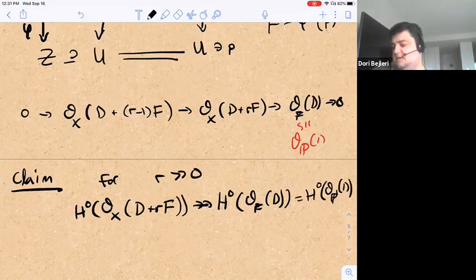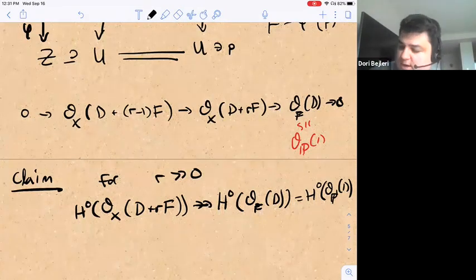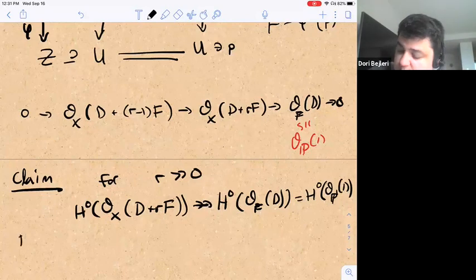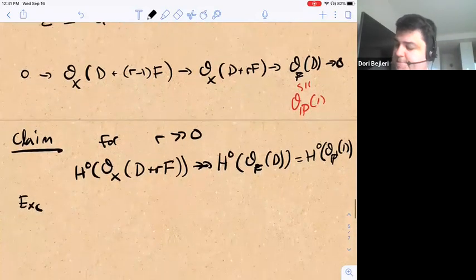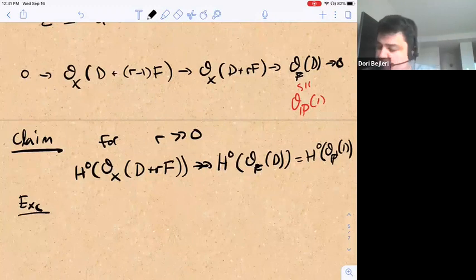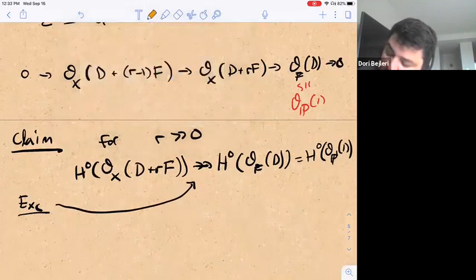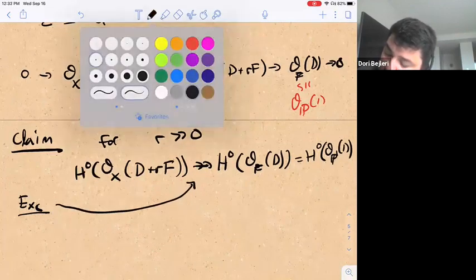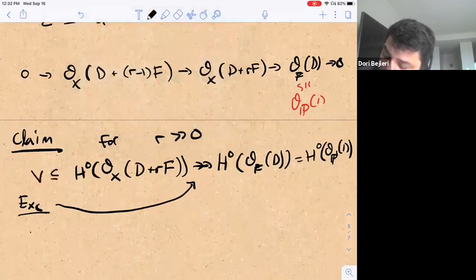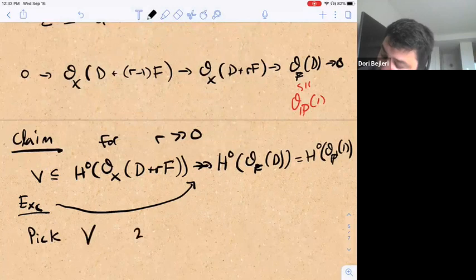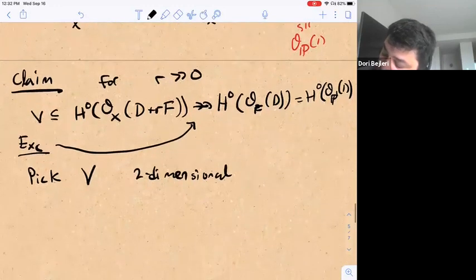Okay, and the idea here, it might not actually be true that H1 of this next term vanishes, but you actually just check that the H1 map stabilizes, that the H1 map becomes constant by checking how things grow. So I'll leave that as an exercise. Okay, so now once we have this surjectivity, then we can pick some V in here that's two-dimensional and maps isomorphically onto H0 of O(1).